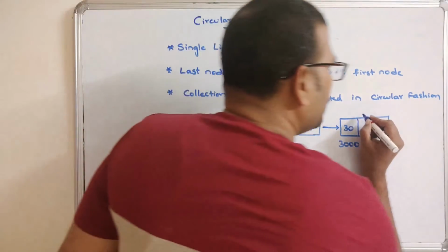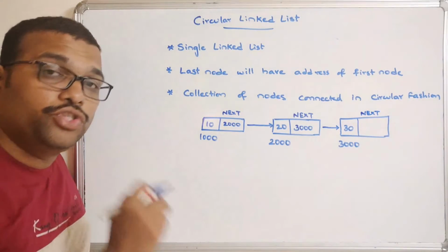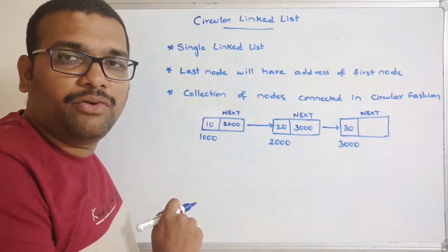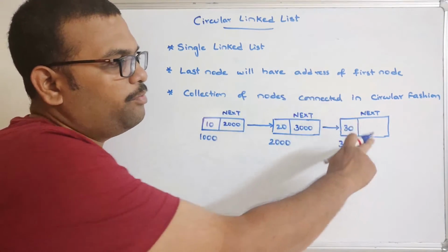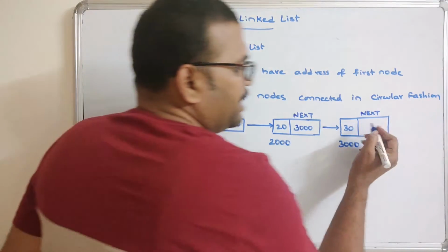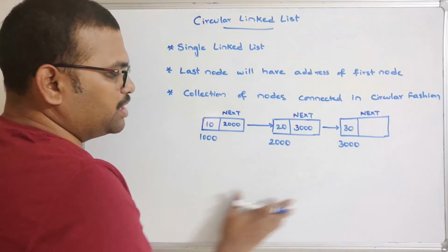Now 30, and here again we will have the second part, that is next. Usually if you are using the single linked list, this will become null. The last node will hold null in that address field, but here this particular last node will be pointing towards the first node.